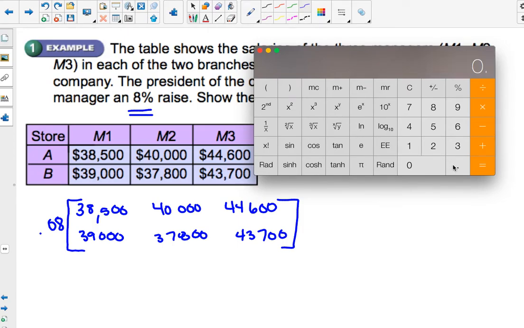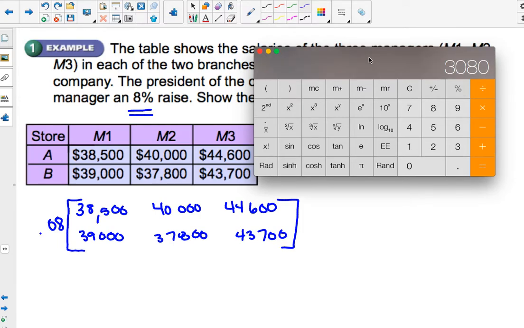And we've got 0.08 times 38,500 equals 3,080. Okay, so that's how much the raise is.